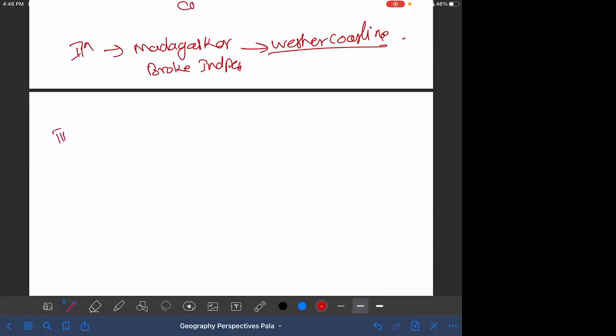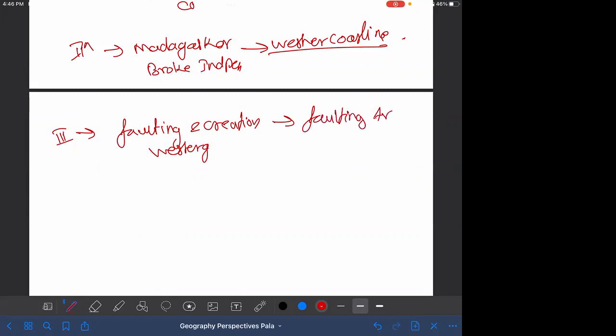Then another phenomenon that happened was the faulting phenomenon. Faulting and creation of the western Ghats. In this period, the faulting also happened in the Arabian Sea region. So that led to the rise of sea level and the development of the Kerala coast as we see today. Then another episode on the eastern side was the development of the Malda Gap.